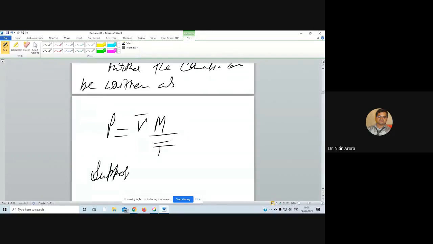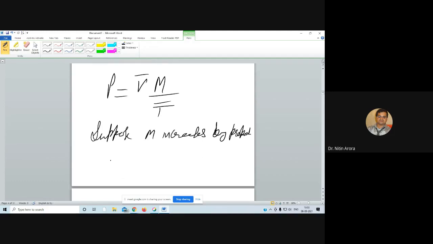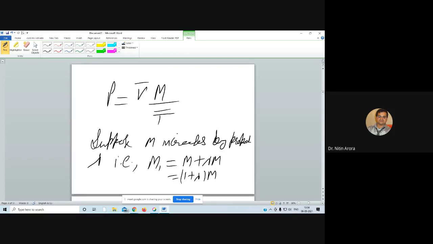Suppose M increases by proportion lambda, that is M1 is equal to M plus lambda M, which is 1 plus lambda into M.